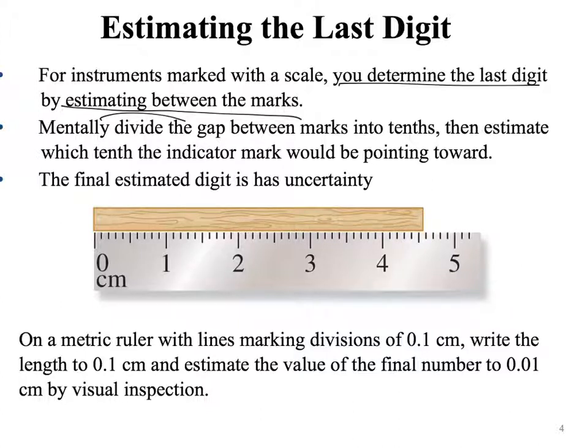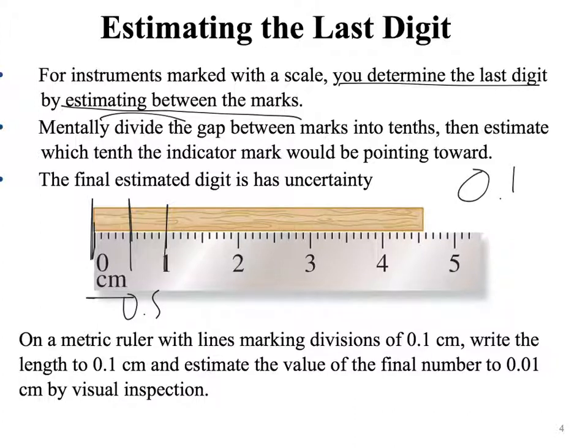So let's take a look at this ruler. This ruler is in centimeters. We see that this is 1 centimeter, correct? So this is half, this is 0.5 centimeters. The smallest mark that you can read here will be 0.1 centimeters.